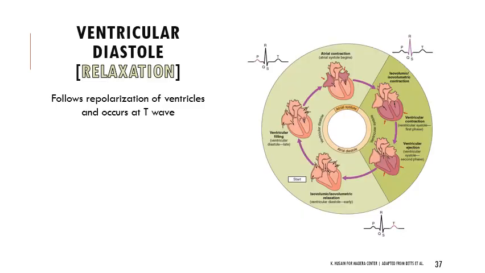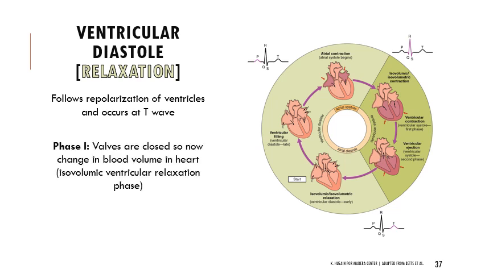All right, so after that contraction, we have relaxation, we have ventricular diastole. So this is following repolarization of the ventricles and occurring at the T wave. So this also has phase 1 and phase 2. In phase 1, we have the valves closed. So again, it's kind of isovolumic.